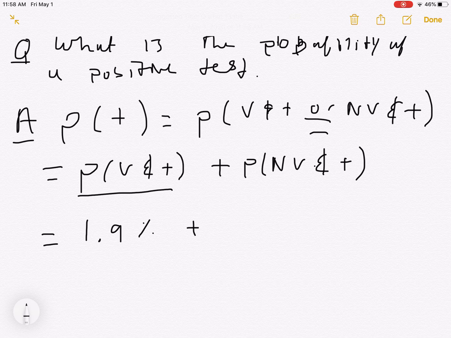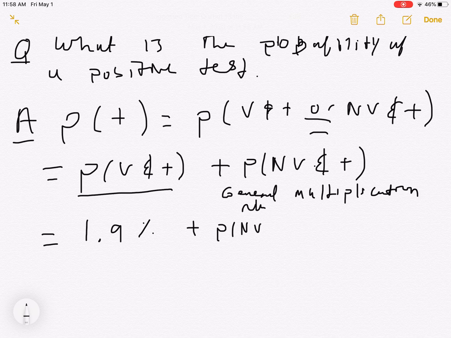This is going to be the general multiplication rule. So that's probability of not virus times probability of positive given not virus.